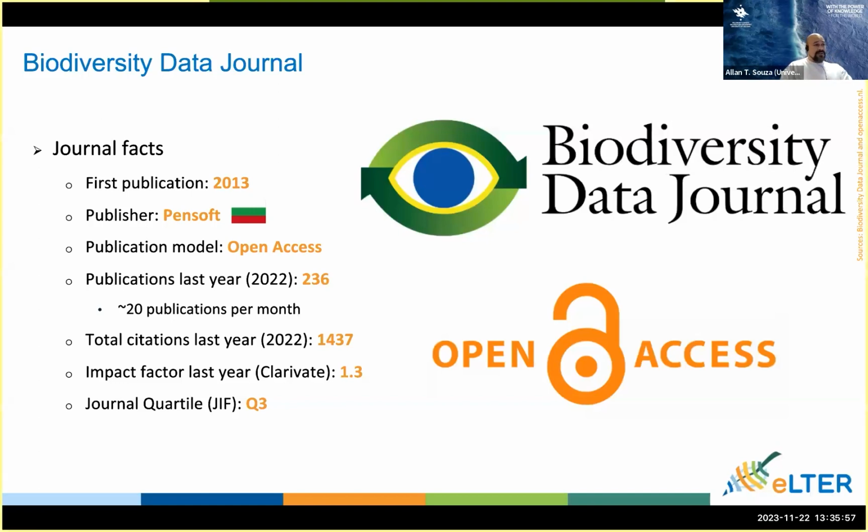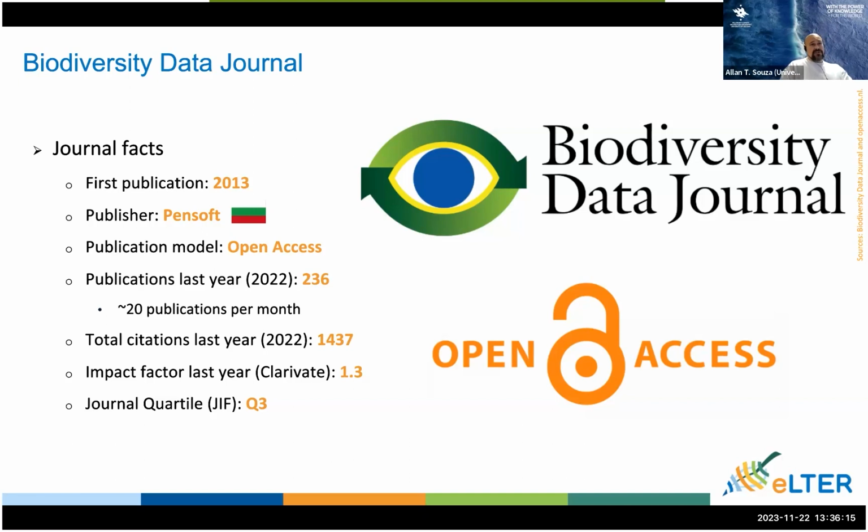Last year, they published 236 papers, which is quite a lot. It's around 20 publications per month on average. And they had 1,437 citations last year. The impact factor from Clarivate is 1.3.